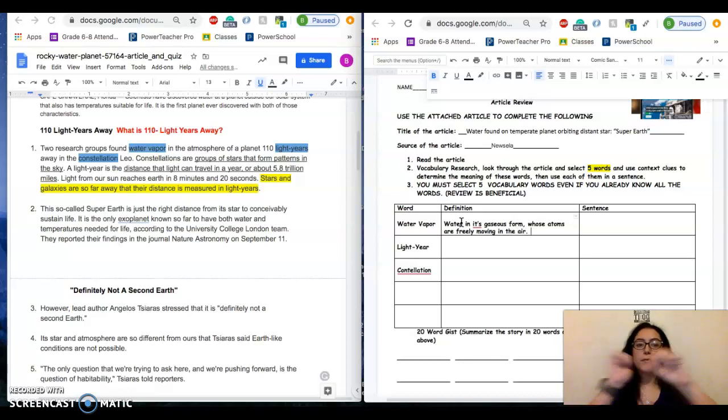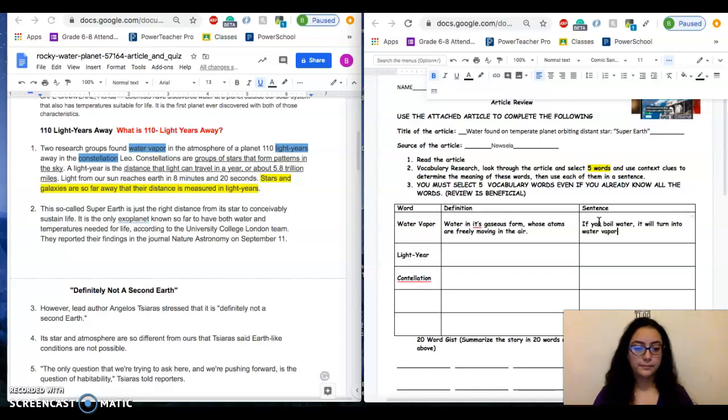So if you remember from yesterday, water vapor particles are moving back and forth, bumping into each other, etc. Alright, sentence. If you boil water, it will turn into water vapor. Bam. Yep, simple. So I did the word, I did the definition, and I did the sentence.